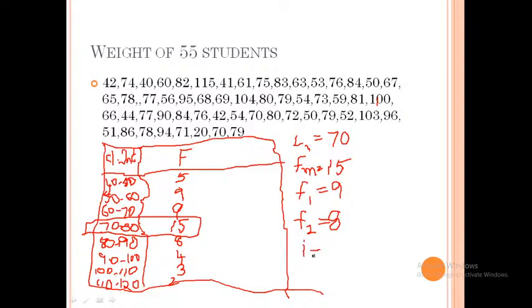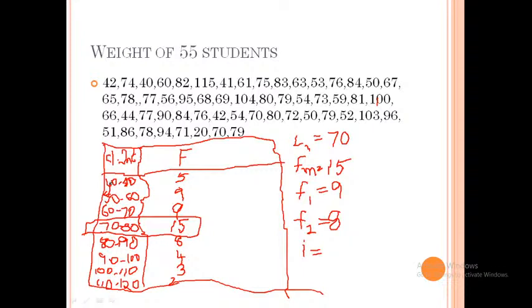Class width എന്താ? I have given in previous tutorials how to find the class width. Class width is found by subtracting the lower limit of the first class from the lower limit of the next class. രണ്ട് ക്ലാസ്സുകളുടെയും ലോവർ ലിമിറ്റുകൾ തമ്മിൽ സബ്ട്രാക്ട് ചെയ്യുക, അതിനെയാണ് ക്ലാസ് വിഡ്ത്ത് എന്ന് പറയുന്നത്.